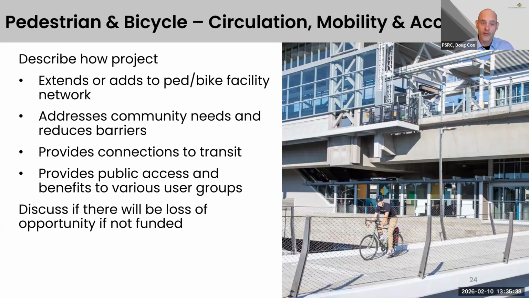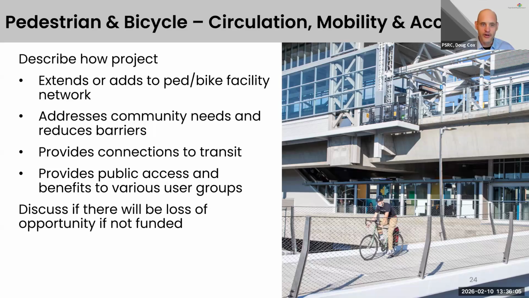And then we have a question about the transit connections to the project. And as I'm sure many of you are aware, improving access to transit is a key focus of the regional transportation plan. So we want you to describe the specific transit stops and stations that the project will help get people to and from. And the more routes and the higher capacity of the transit services and the more people it will serve, the better for this question.